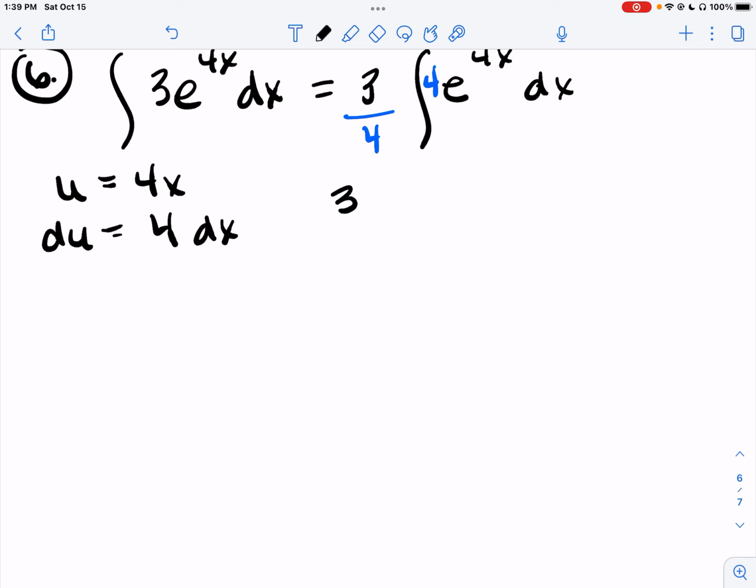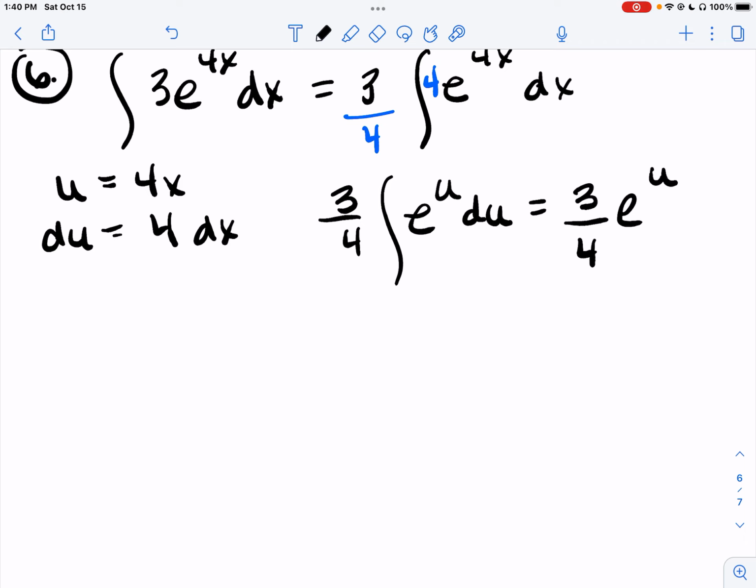So that is 3 over 4 e to the u du. The integral of e to the u du is e to the u. And we're going to put it back in terms of u. Put the u back in terms of x.